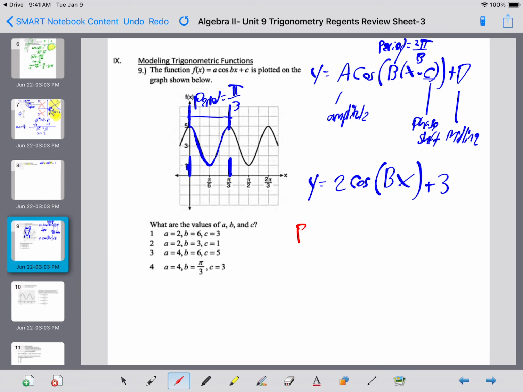So remember, period equals 2 pi over b. If your period is pi over 3, what I recommend doing to make it easier on yourself, take the reciprocal of both sides. And then you could just multiply by 2 pi on both sides. Pi cancels out, 2 times 3 is 6.